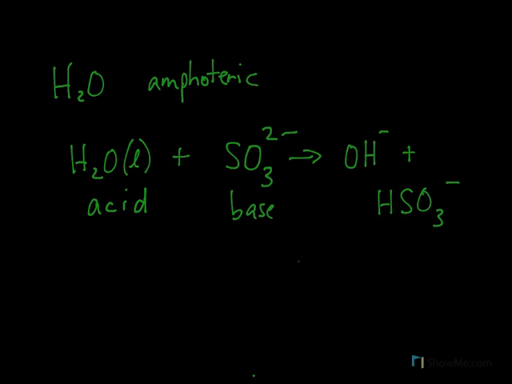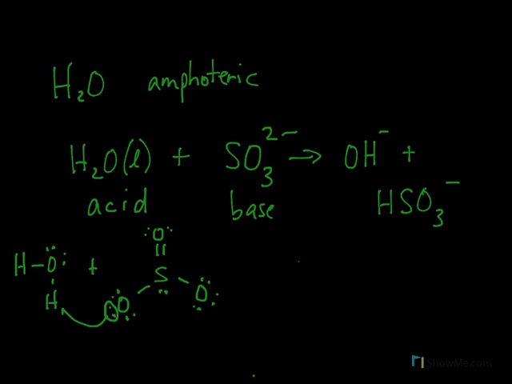So again, I'll draw the Lewis structures. Okay, so the lone pair of electrons on one of these oxygens, let's say this one, is going to grab a proton. The two electrons that are bonded between the oxygen and hydrogen are going to stay with the oxygen.